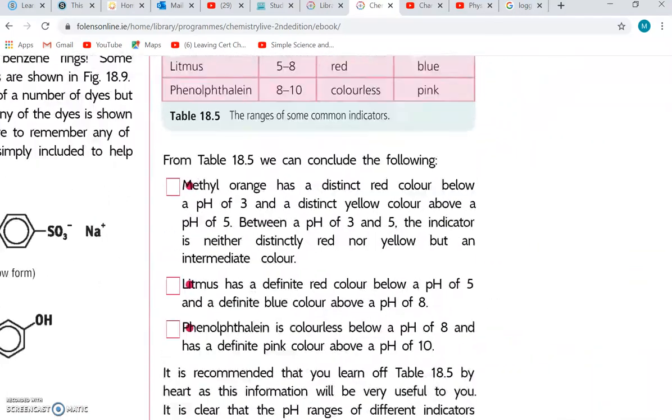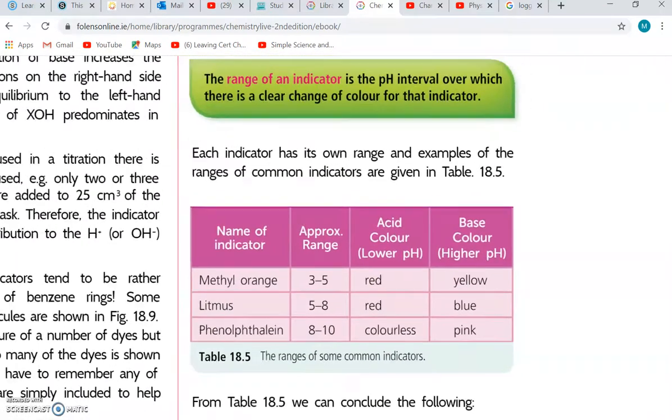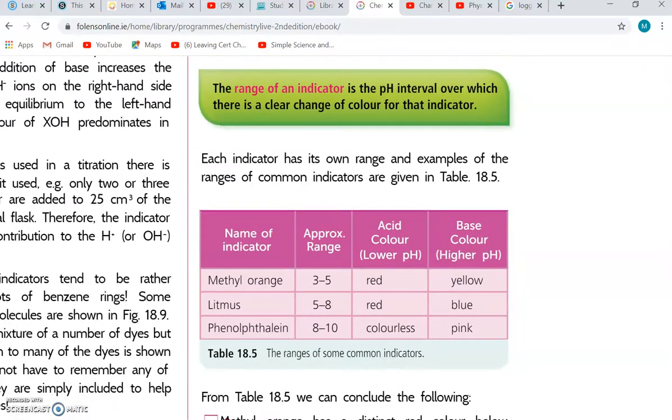What is important though is this chart. You do need to understand the idea of the range of an indicator. If you remember back to last year when we looked at titrations, specific titrations had specific indicators.